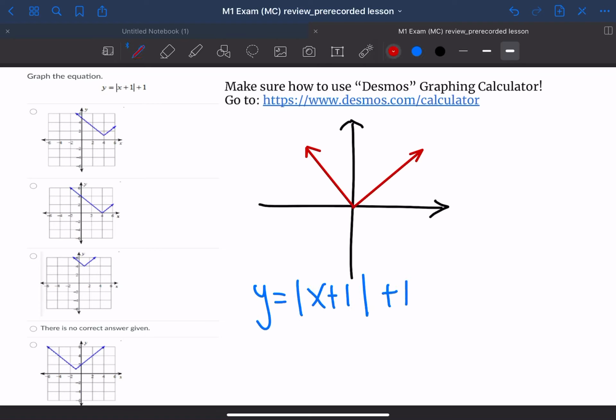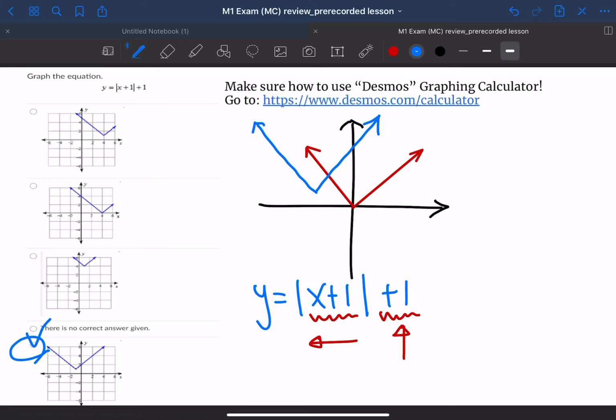Remember guys, if you're adding 1 outside of the function, you are going up. And inside of the function, you are going to the left. So 1 unit up, and then we are moving to the left. So it should be somewhere here, which is this one.